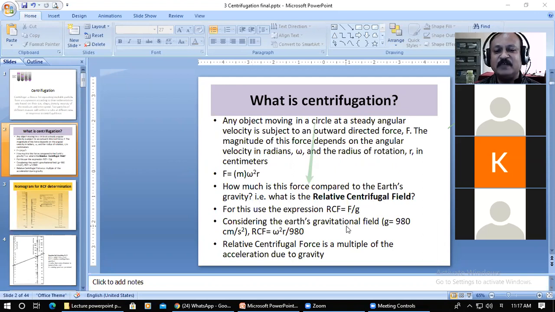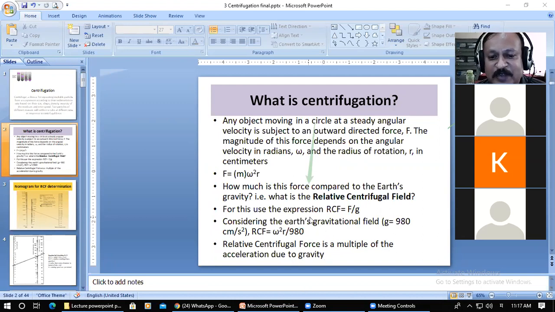When I say the word relative, it means we are comparing it with some other force. Here the centrifugal force is compared to the gravitational force, and how many times it is more than the gravitational force is called the relative centrifugal force.